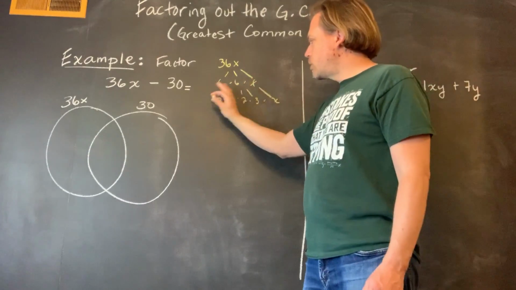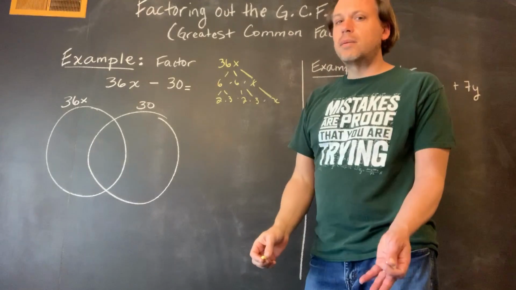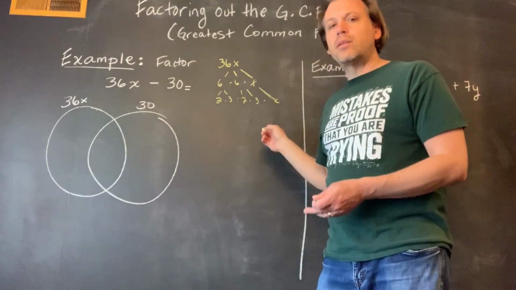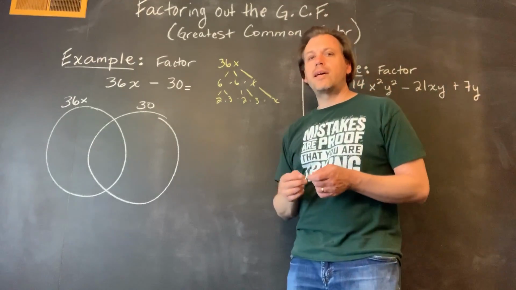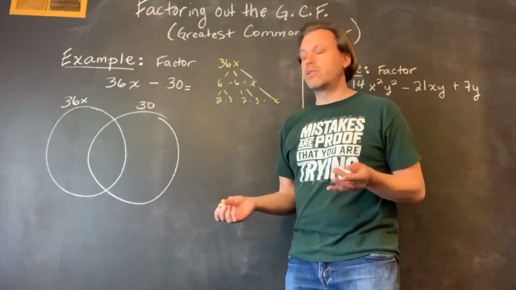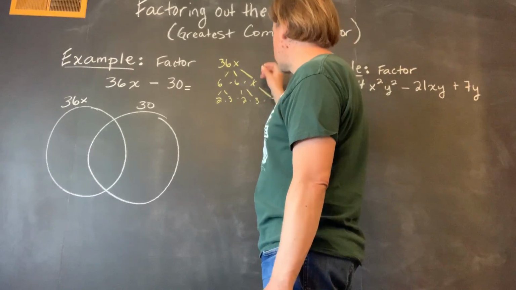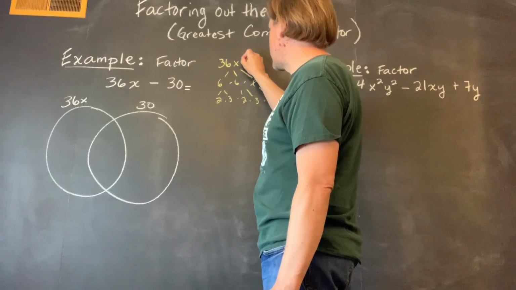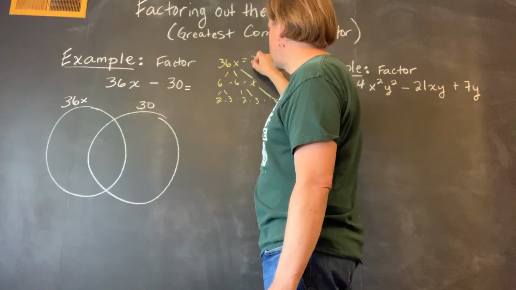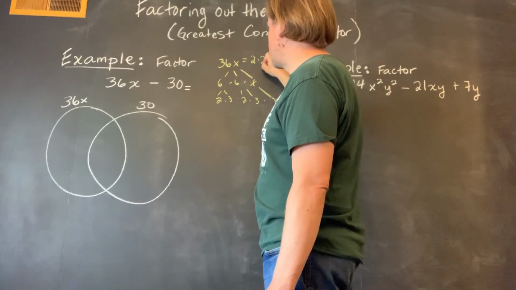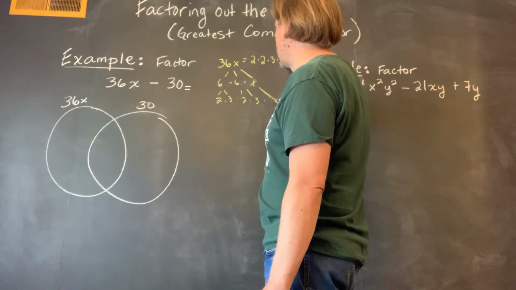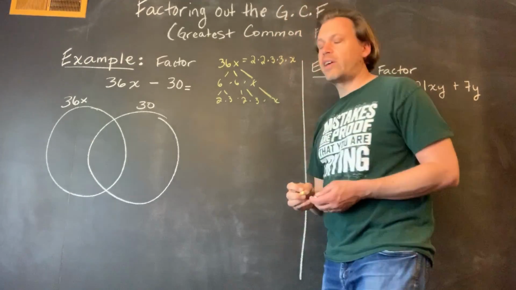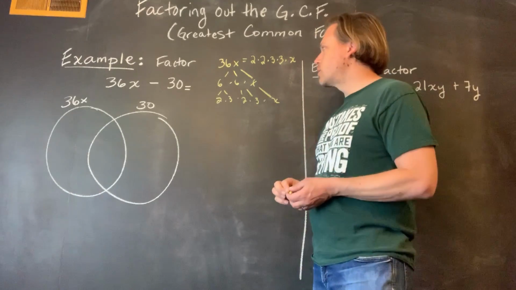If you rearrange everything in order, starting with the smallest number to the largest number and end with the variables, you can write what is known as the prime factorization of the number. So for 36x, the factorization is going to be 2 times 2 times 3 times 3 times x. Those are all the factors. So I'm going to leave those there.